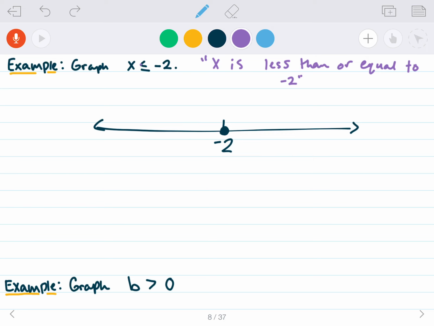So am I going to shade to the right or to the left? Well, to the left of -2 is -3, -4, etc. To the right of -2 is -1, 0, 1, etc. Less than means to the left, okay? So everything smaller than -2 is going to be shaded. It's everything to the left. So that's my set.